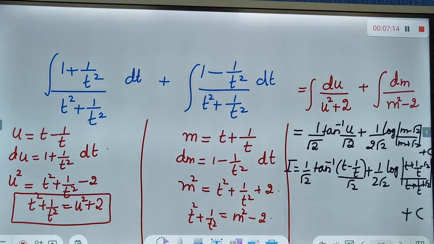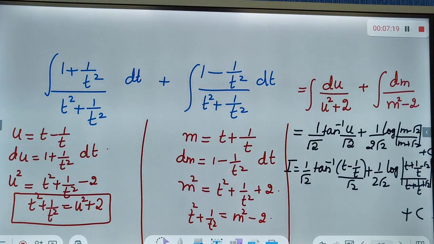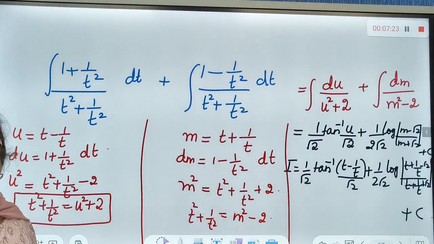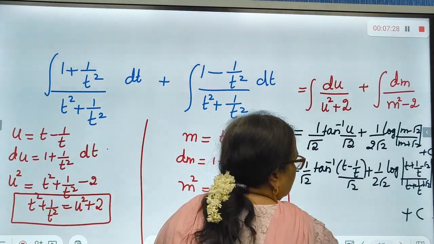So the function was reduced to the form 1 by x power 4 plus 1, and a similar technique to what we used for integrating functions of the form 1 by x power 4 plus 1 has been used to complete the problem.